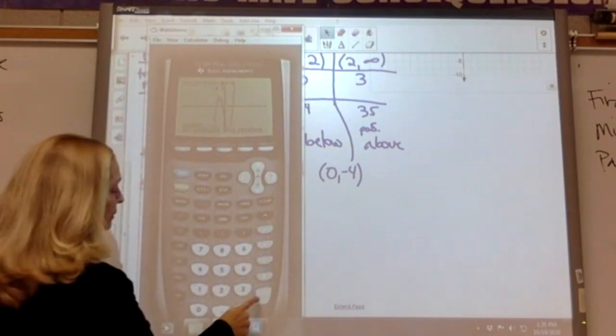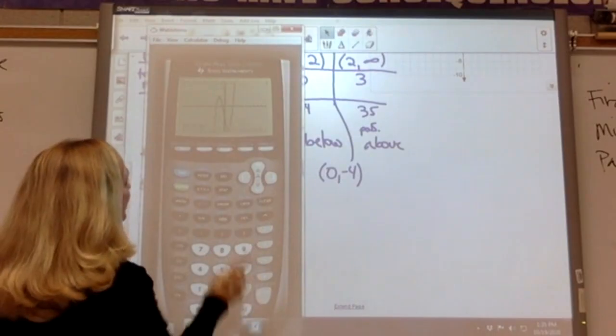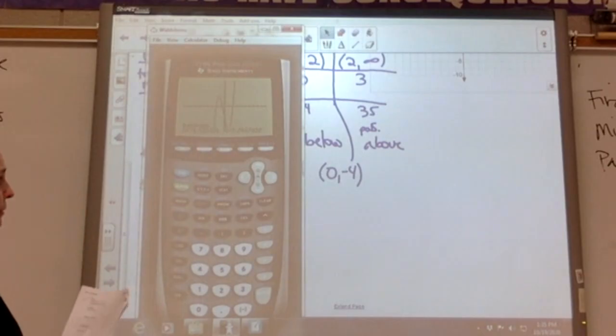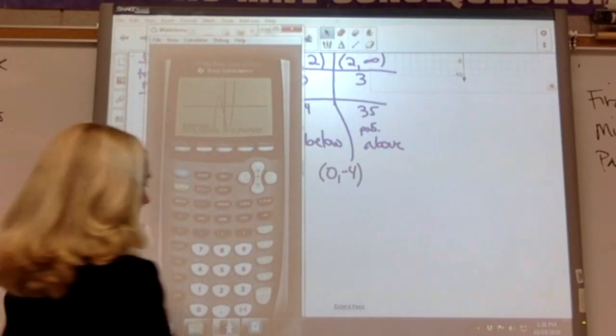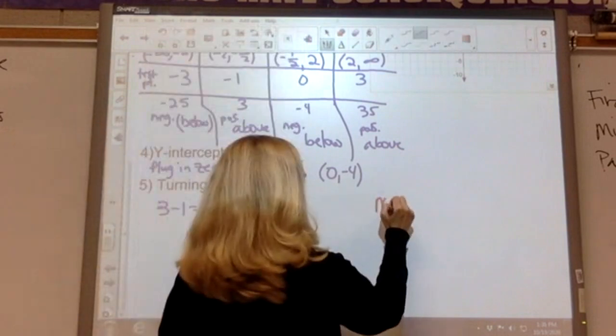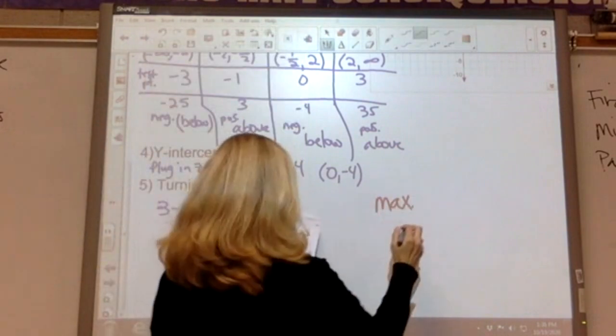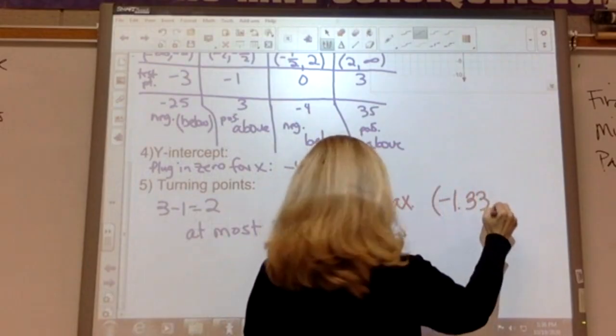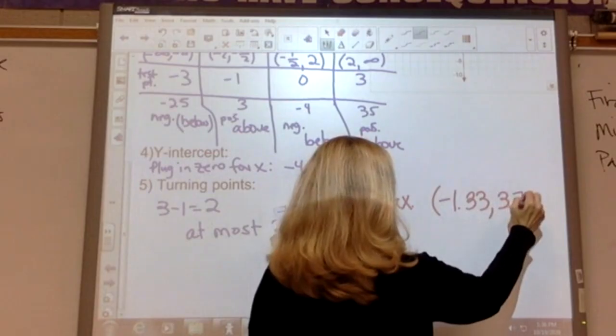Sometimes you can't get real close. Press enter. It gives me -1.3 repeating, and then 3.70. All right. So the maximum is -1.33, 3.70.